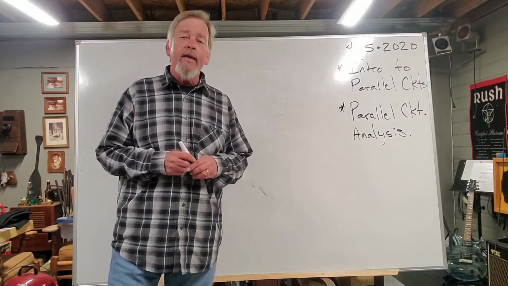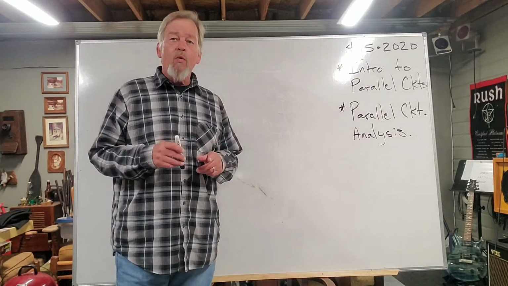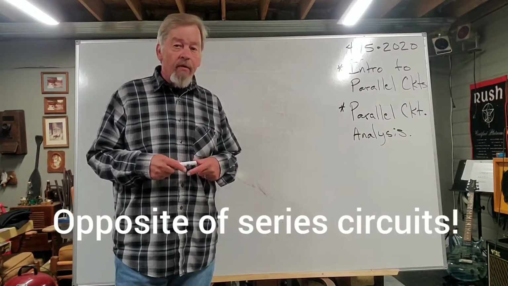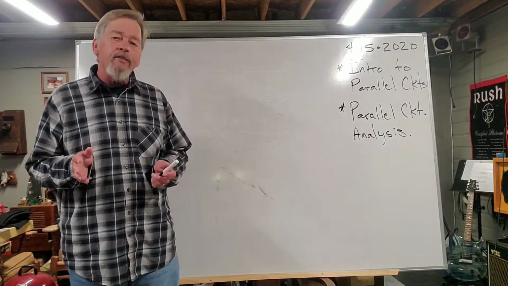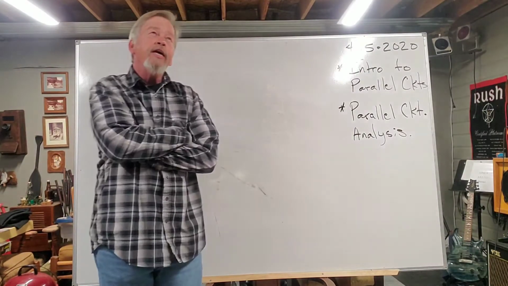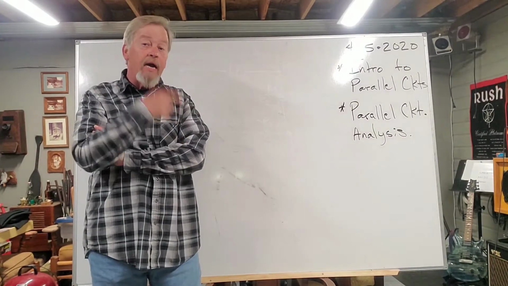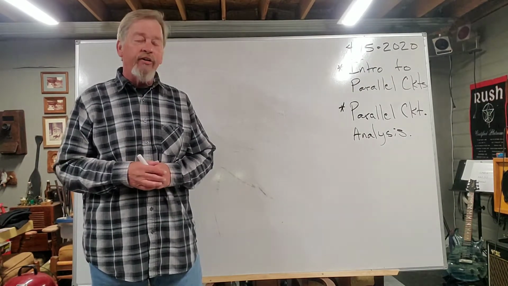So anyway, today, we're going to introduce parallel circuits. First thing I want you to know about parallel circuits is they're totally opposite from series circuits. I told y'all that there were two ways to hook things up, and you can either hook them up end to end or side by side. Now we hooked up the end to end connection, we call that series.